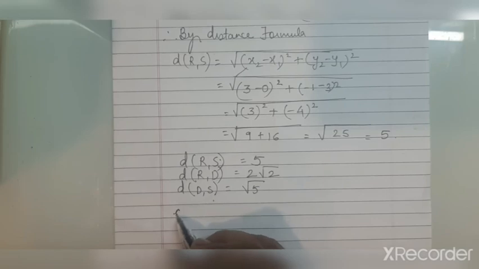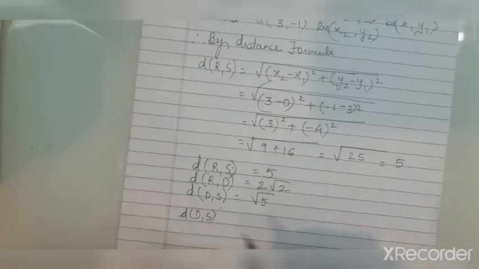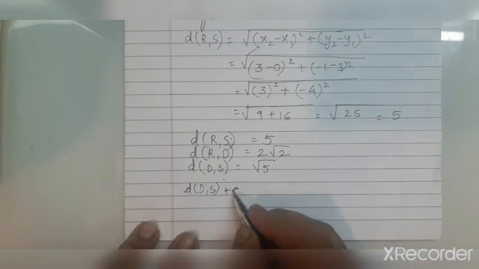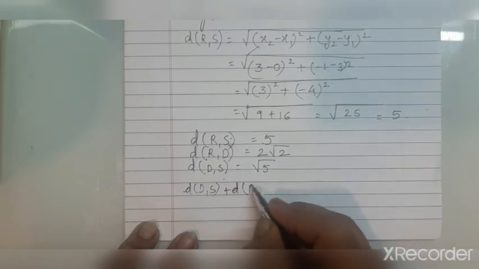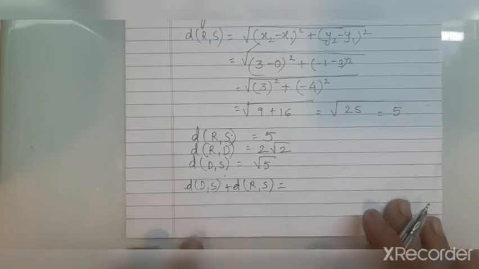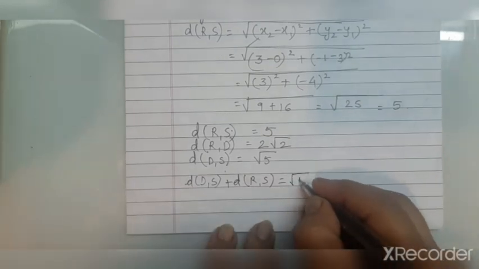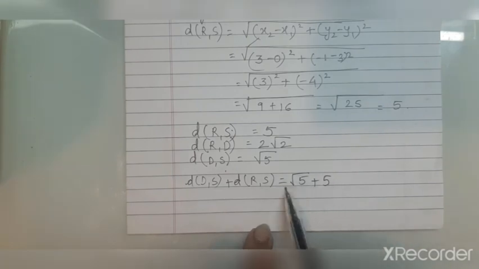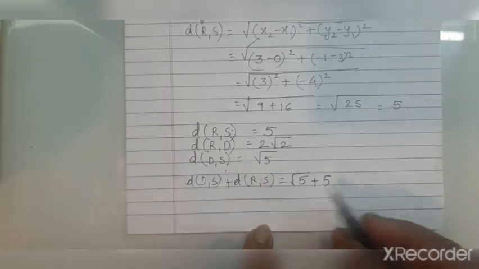So we'll just try here, the distance DS, if we add with distance RS. What is distance DS? Root 5, and RS 5. When we add these two distances, is it equal?